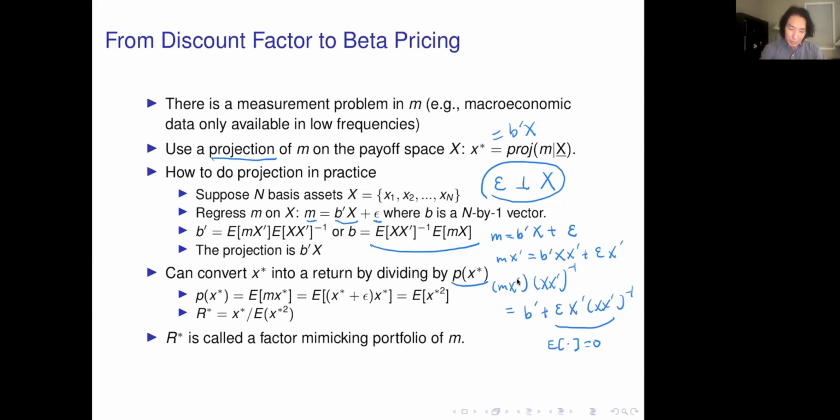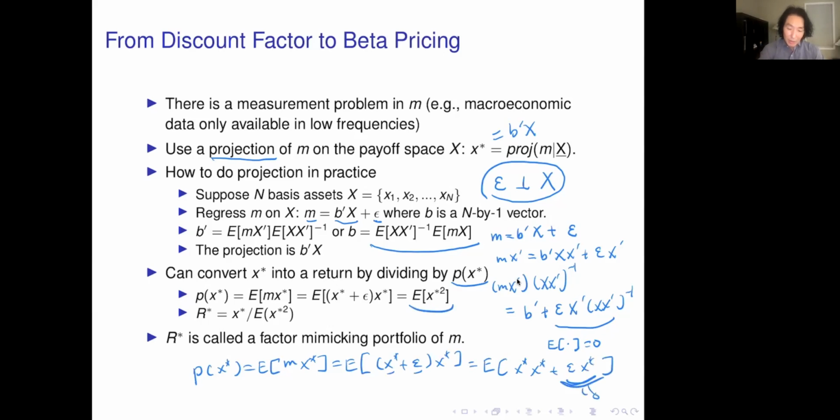Now, from the stochastic discount factor, we know that this should hold. And we also know M can be expressed as the projection and the idiosyncratic payoff times X prime. And this is basically this. And then we know this term is 0, so we get this.